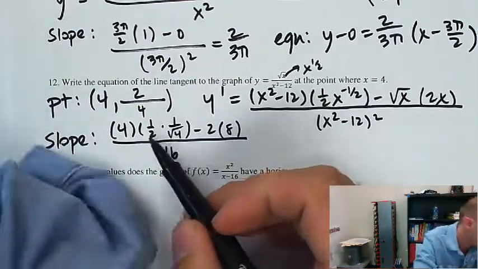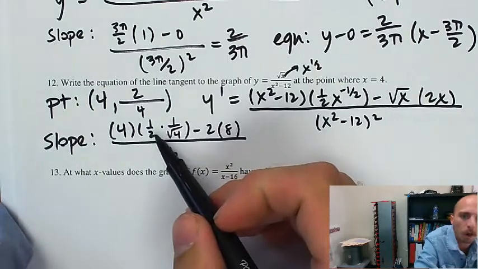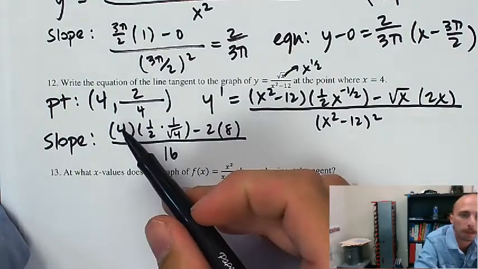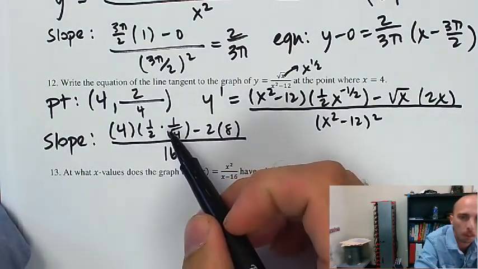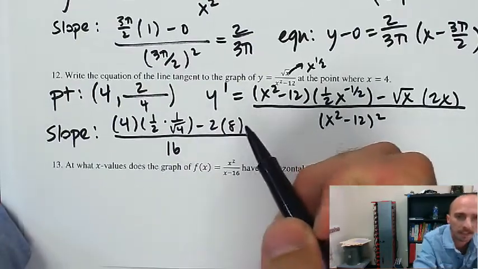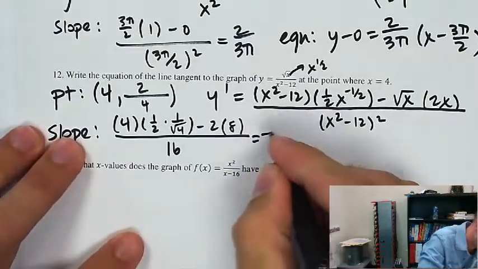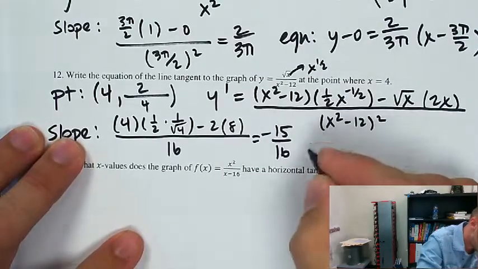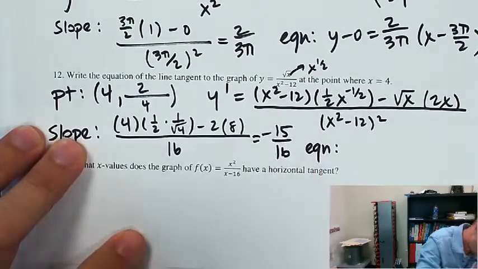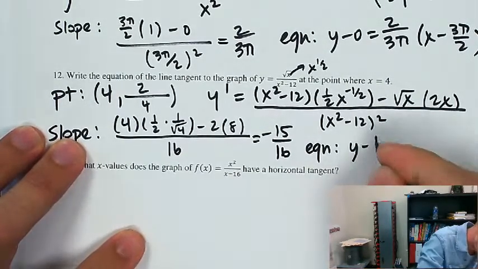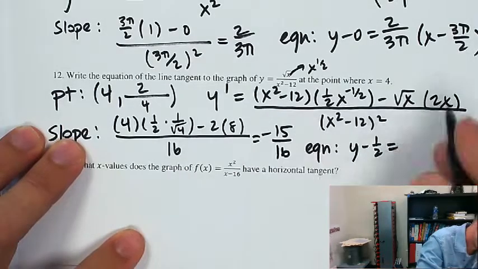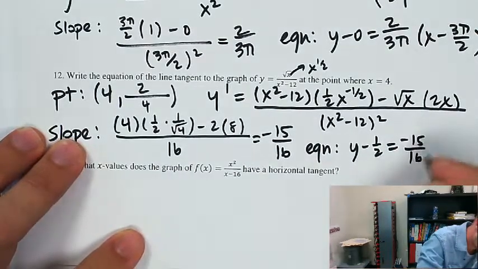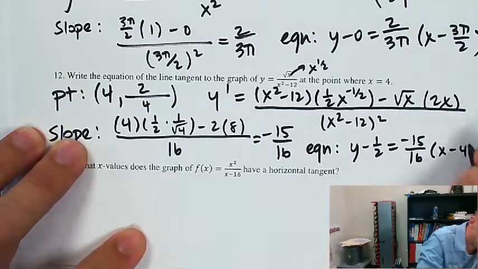Now, this is going to end up being 4 in the denominator, divided by 4, okay, 4 divided by 4 is 1. So 1 minus 8 over 16 ... so my equation is going to be y minus 1/2 is equal to negative 15/16 of x minus 4.